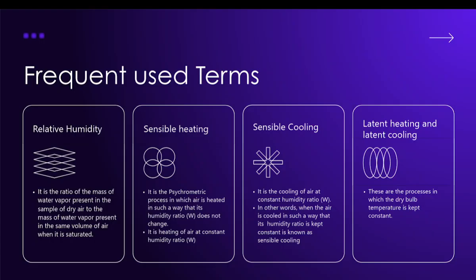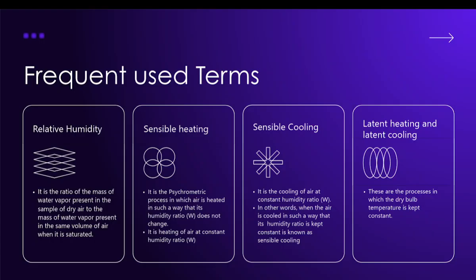So the ratio of the mass of water vapor initially to the mass of water vapor when it is saturated, in the same volume, is known as the relative humidity.